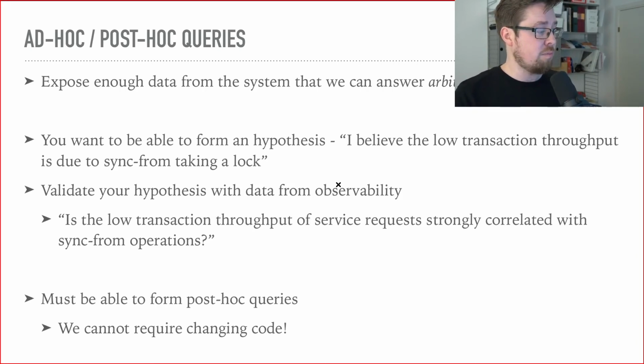And in doing so, we just cannot require changing code. Most of us don't have access to the NSO code base anyway, but even if we did, we don't want to be dependent on that. We want to be able to collect data generically and then look at it after the fact.